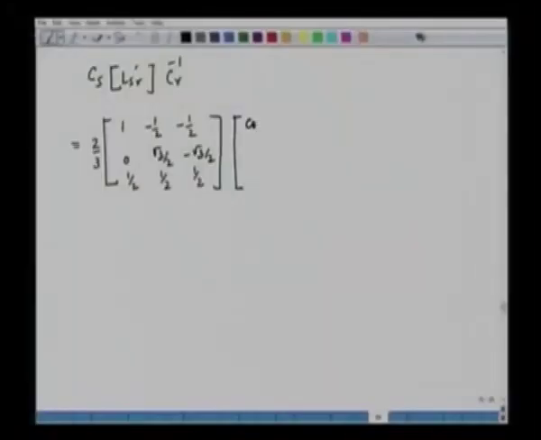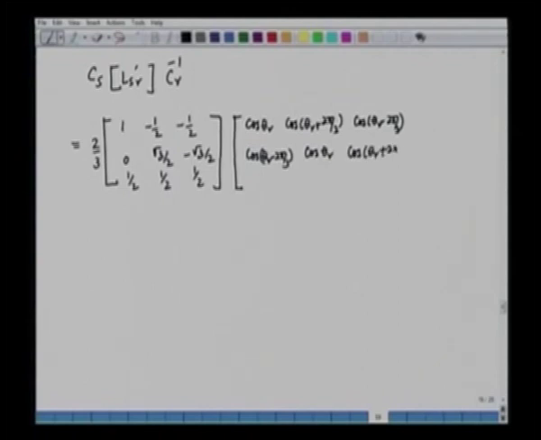So, this is cos theta r, cos theta r plus 2 pi by 3, cos theta r minus 2 pi by 3, cos theta r minus 2 pi by 3, cos theta r, cos theta r plus 2 pi by 3, cos theta r plus 2 pi by 3, cos theta r minus 2 pi by 3 and cos theta r, and this is post multiplied by CR inverse.